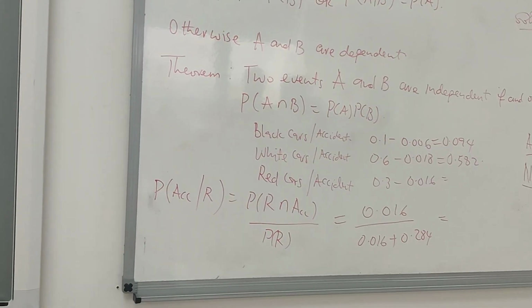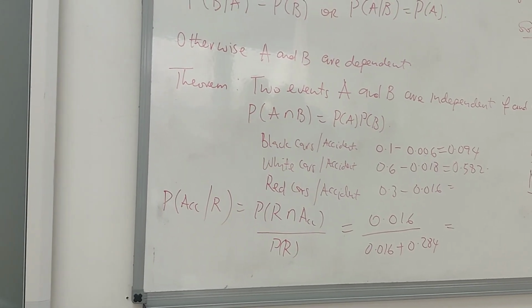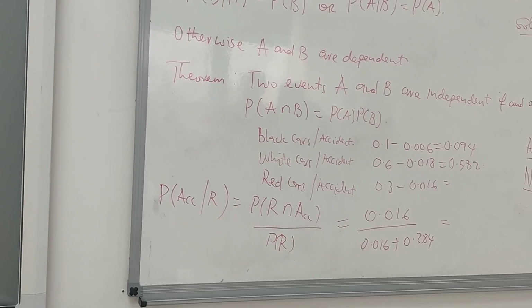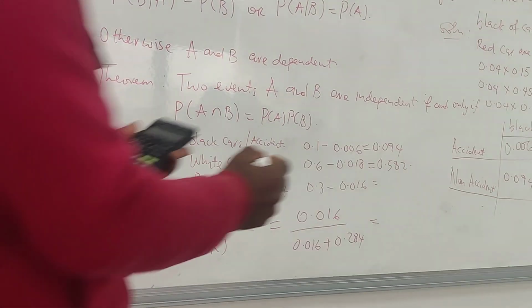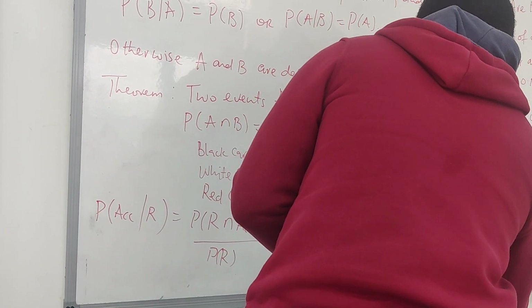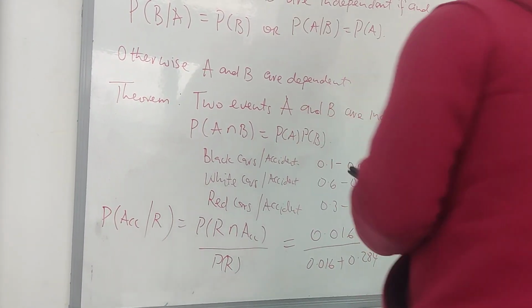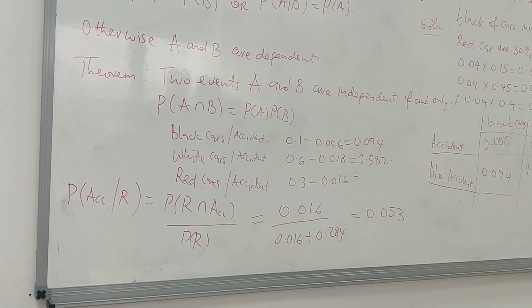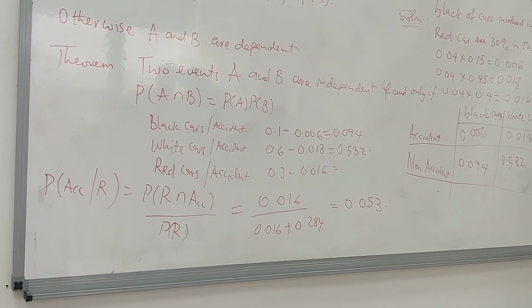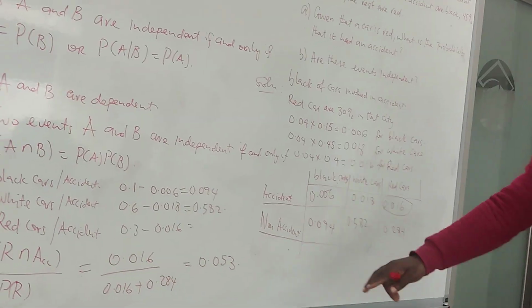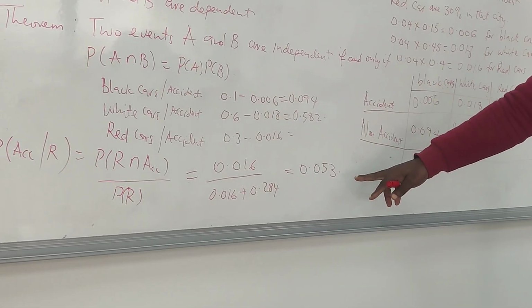Yes, 0.3. So the probability is 0.053. This is the conditional probability. Given that a car is red, the conditional probability is 0.053.